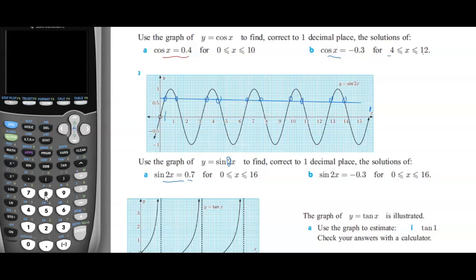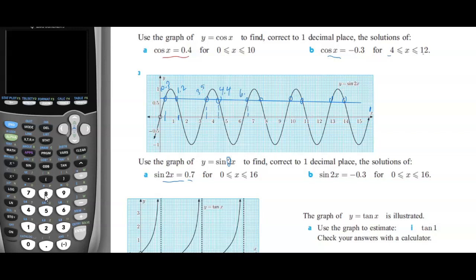This looks like it's about 0.3. This looks like about 1.2. About 3.5. About 4.4.